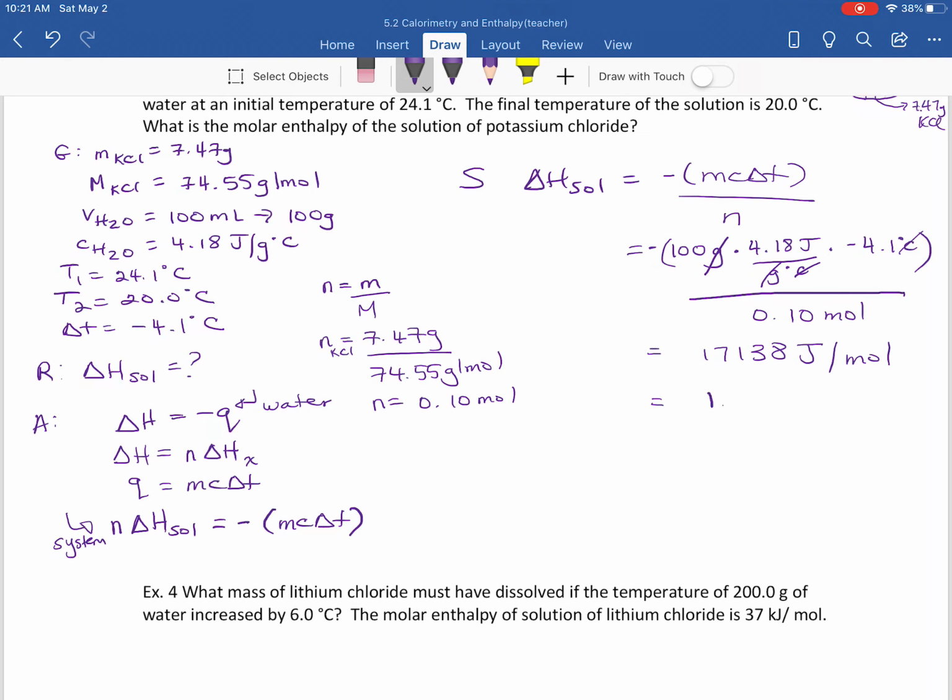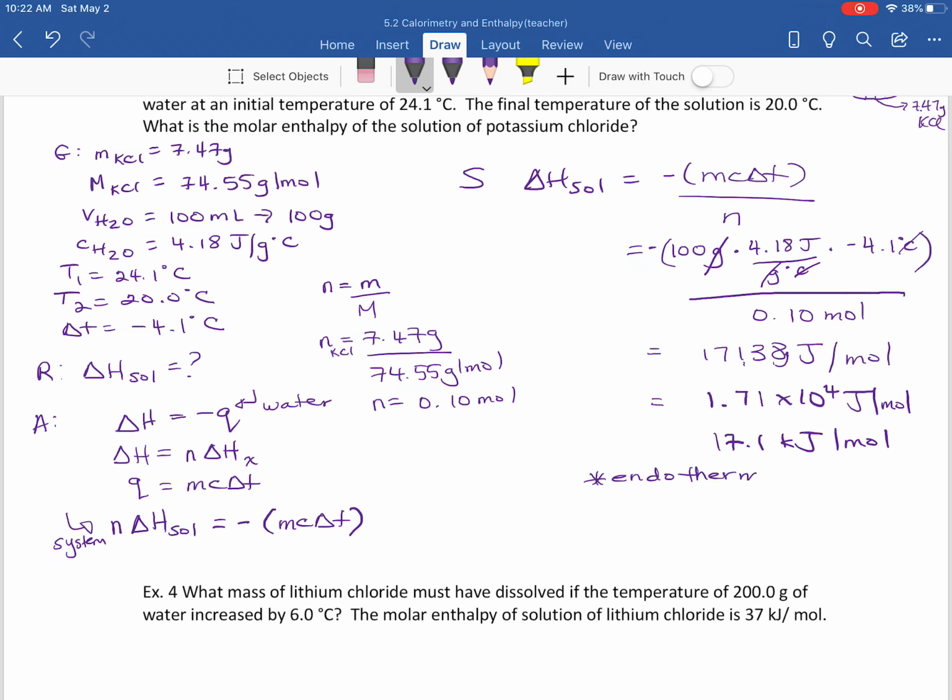So let's go to significant digits. I've got 3 significant digits, so 1.71 times 10 to the power 4. Okay, so you can keep it in joules per mole, or you could say 17.1 kilojoules per mole, whatever floats your boat.